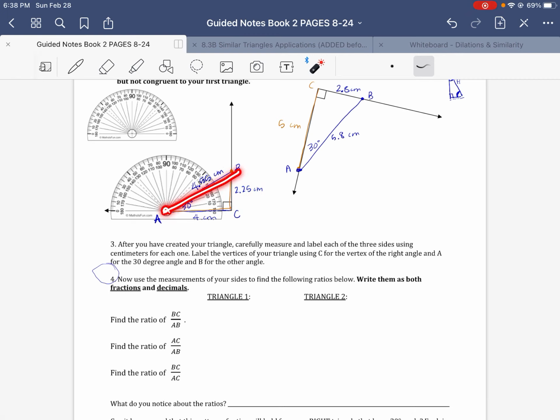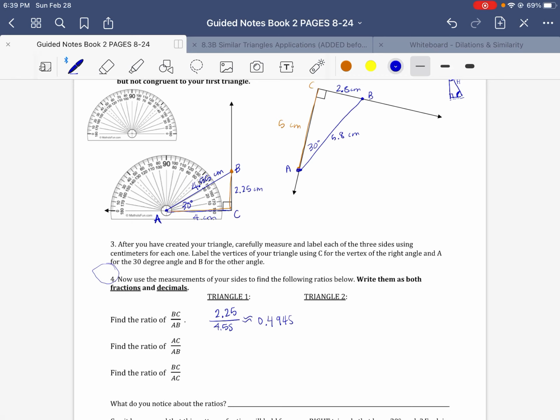Now AB is this hypotenuse length here, so 4.55. So my ratio here is going to look like 2.25 over 4.55. If I put that into my calculator, 2.25 divided by 4.45, I end up with 0.4945.